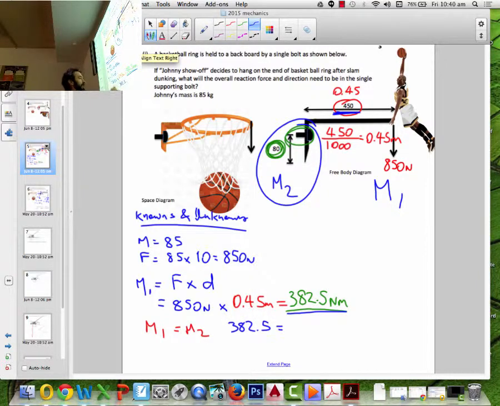We know the bolt's moment equals force times distance. We don't know the force, times 80 millimeters, and since 1,000 millimeters is in a meter, that is the same as F times 0.08.